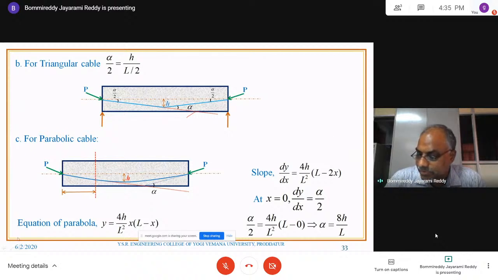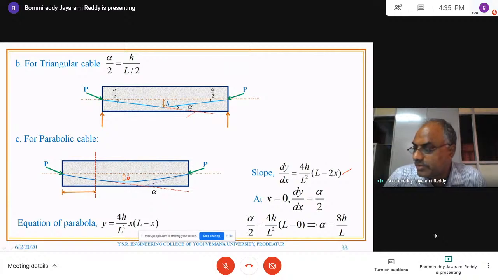Once the slope is known, the alpha value can be known. At x equal to 0, at the jacking end, what is dy by dx here?